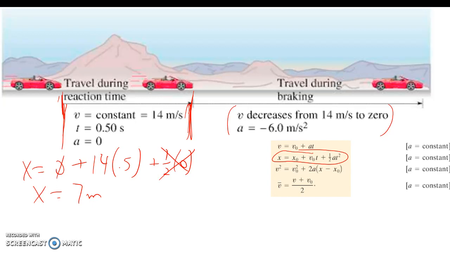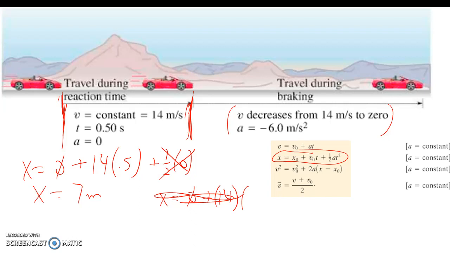Now we want to see what happens during braking. So our distance x is going to be x sub naught, which is 0, plus our velocity 14 times our time frame, which we don't know. So we can't use this equation, can we?